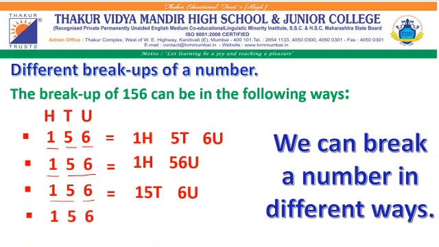The next, here we will take all the numbers together and note it, we will take the lowest value. So the answer will be 156 units. Students, this was the simple breakup of the 3-digit numbers. Let's move further and solve one more example to get more clearer with the concept.